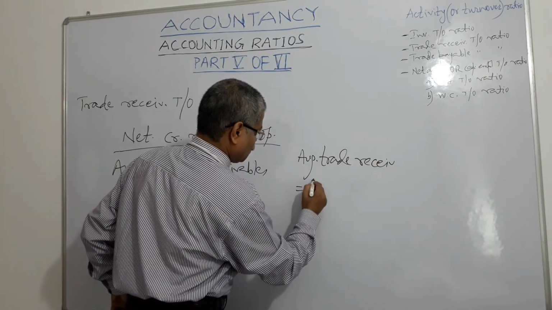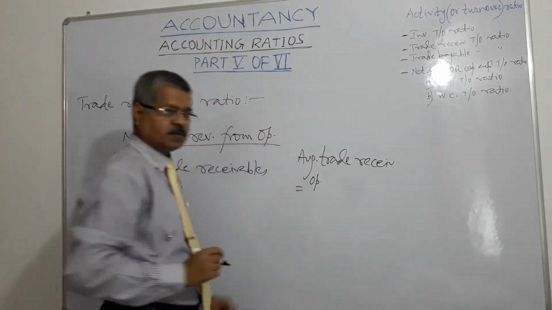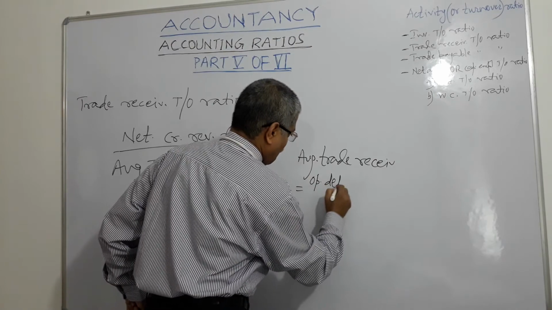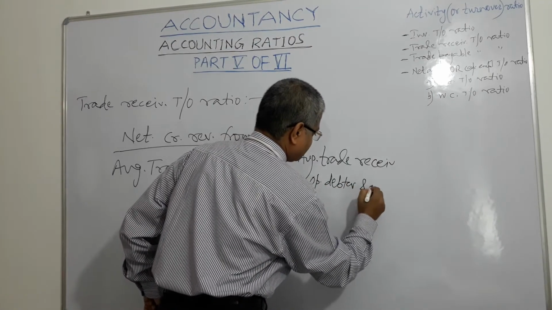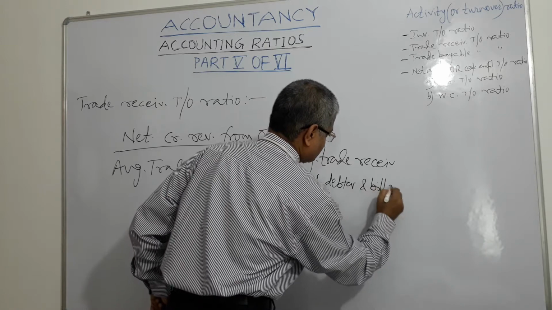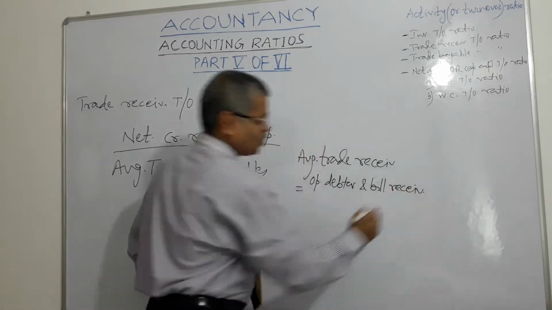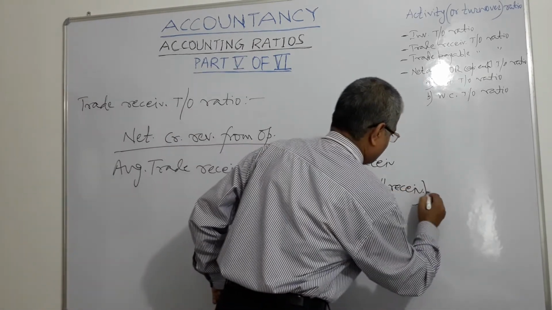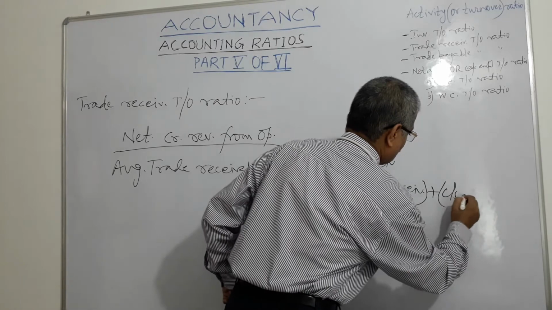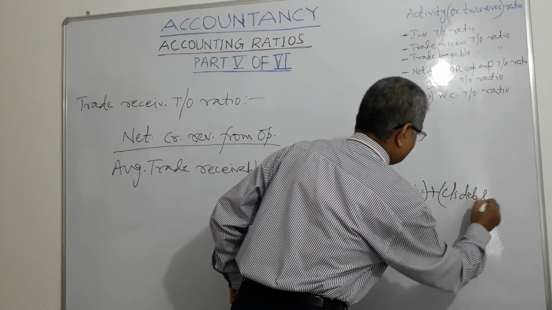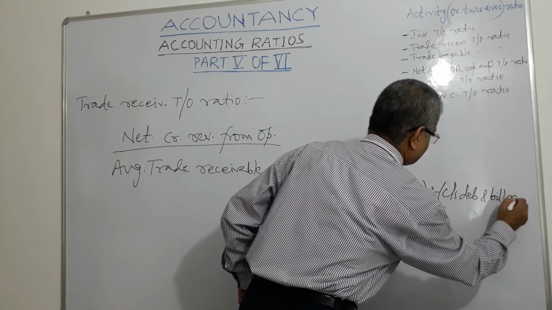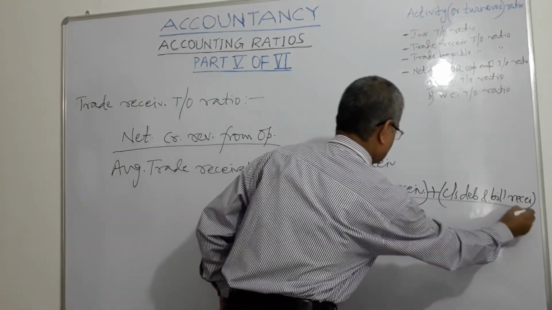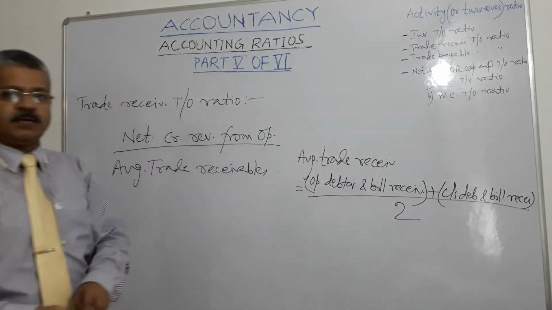It is an arithmetical average: opening debtors and bills receivable plus closing debtors and bills receivable upon 2, right?